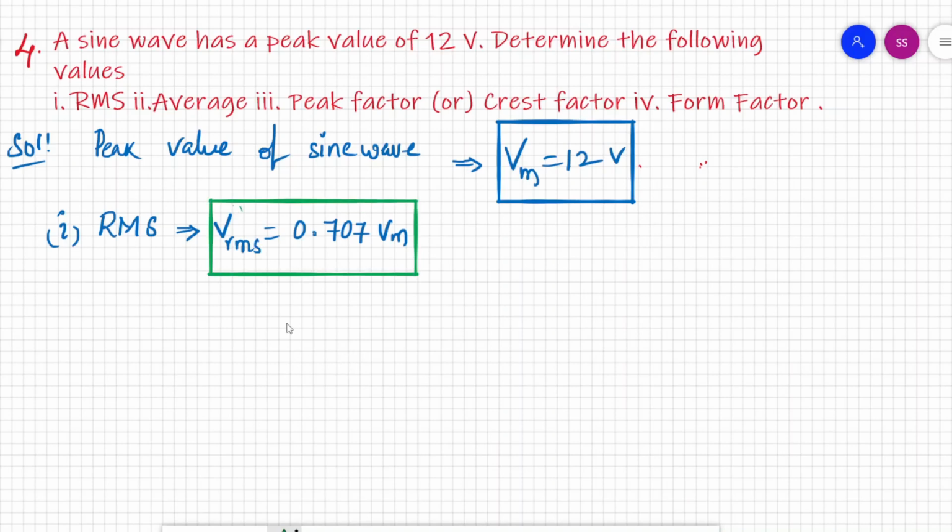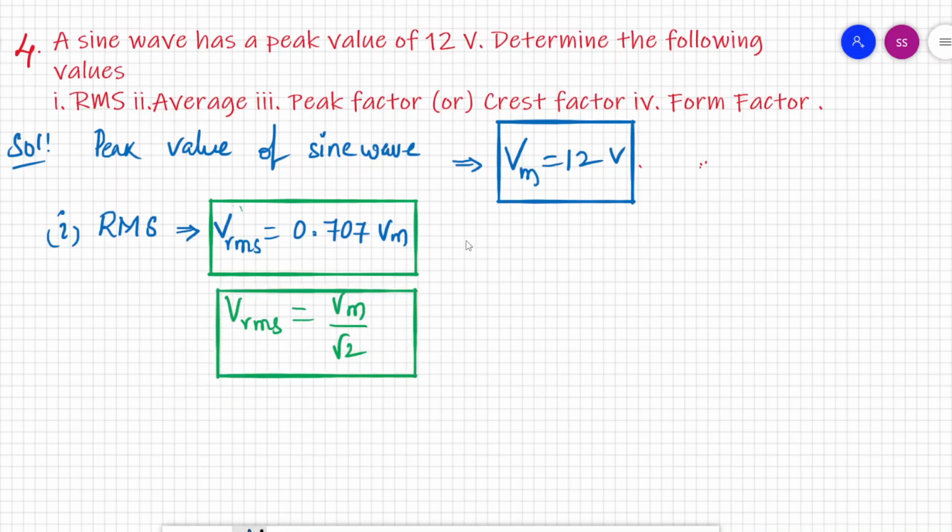VRMS is also VM by root 2. Okay, so you can use any of the formulas. Now let us substitute the peak value here to find VRMS, that is 0.707 into 12 will be VRMS voltage, that is 8.48 volts. So VRMS to be found is 8.48 volts.